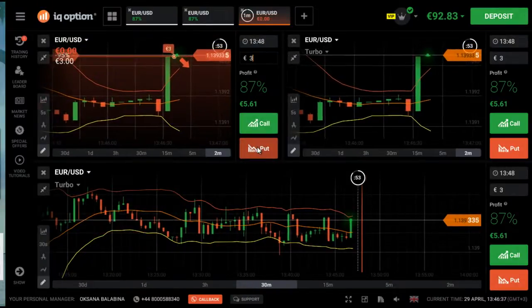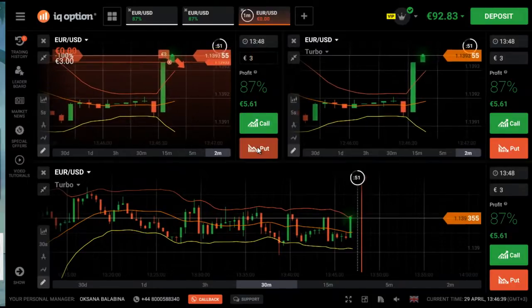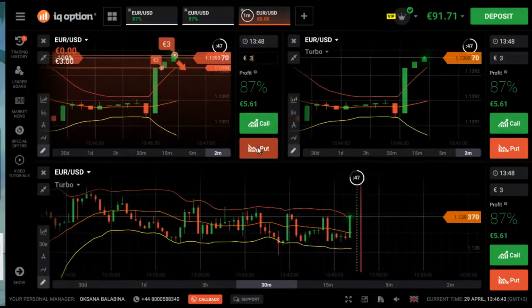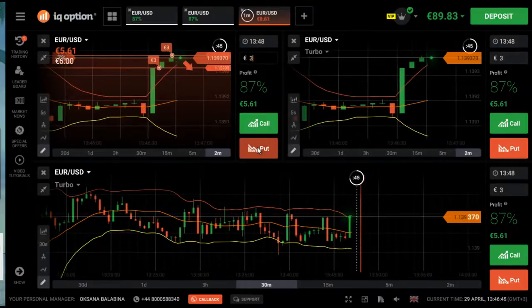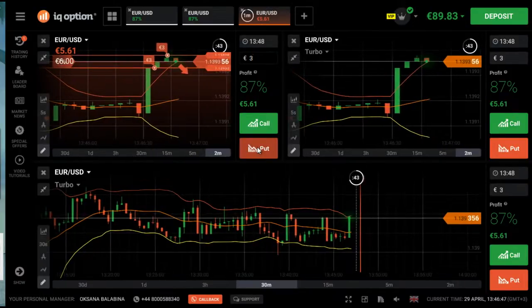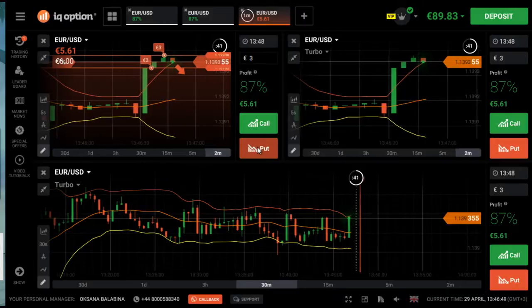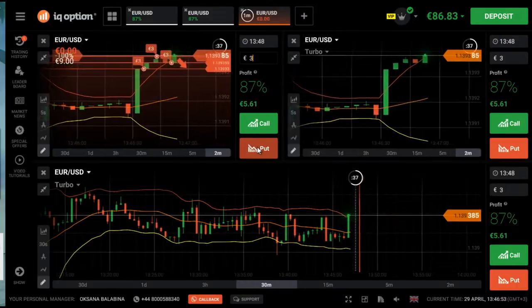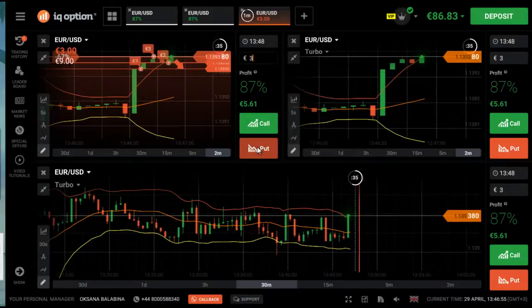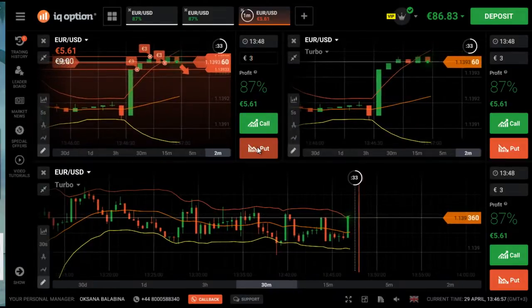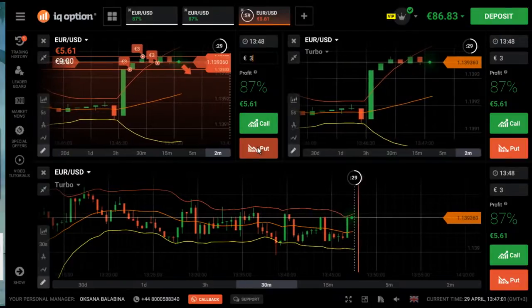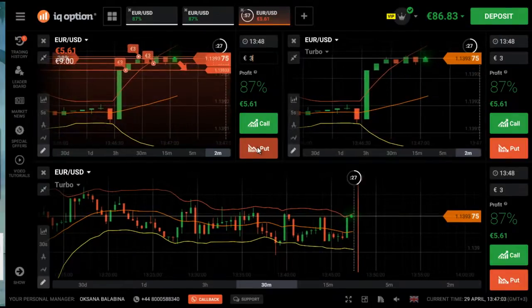And the signal or method I'm using is whenever the candle touches or penetrates outer Bollinger Band, either top or bottom, that's a signal for going for reversal, always reversal. So if it's going up, then I bet for the down, and vice versa.